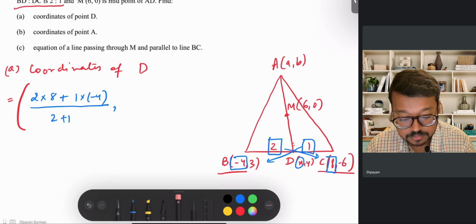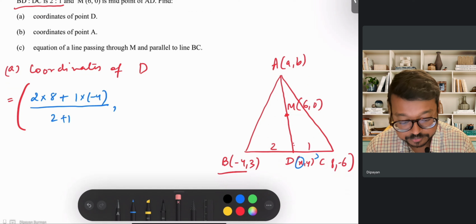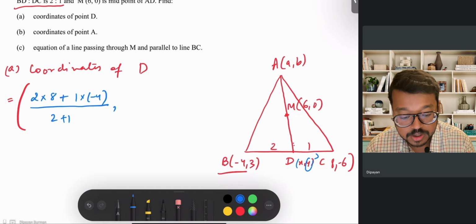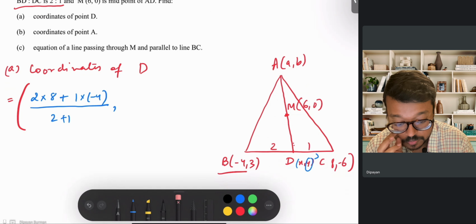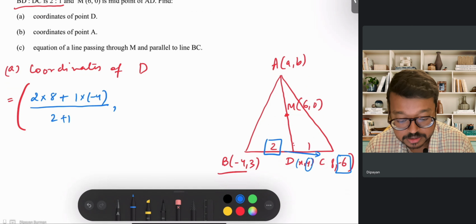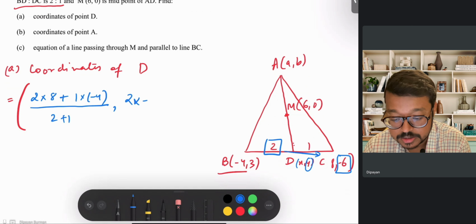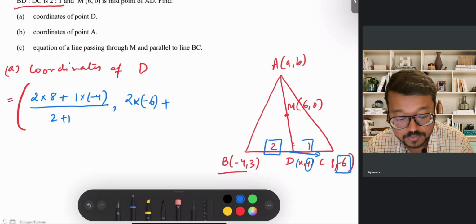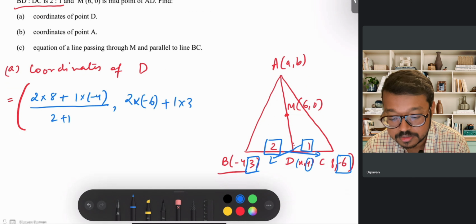And then the y coordinate of point D will be equal to 2 multiplied by this y coordinate minus 6. So we have 2 into minus 6 plus 1 multiplied by this y coordinate 3, divided by 2 plus 1.